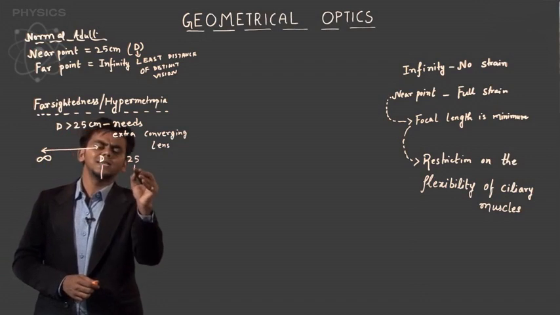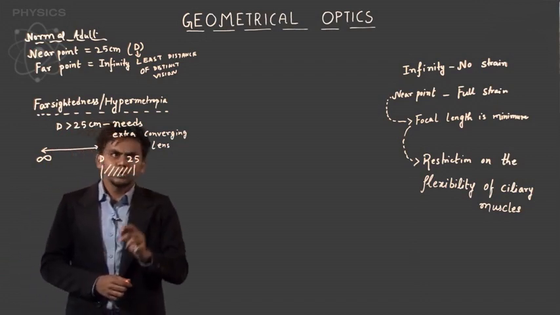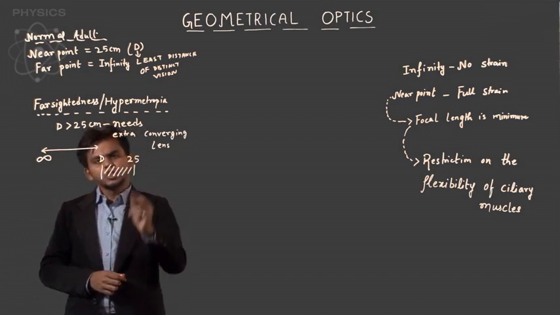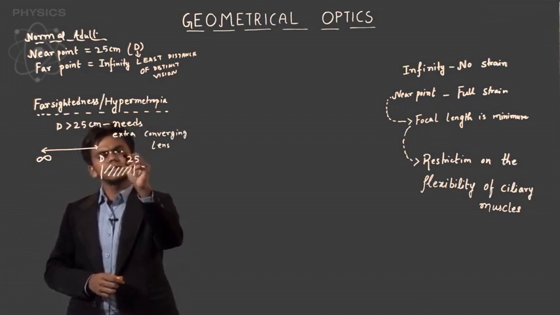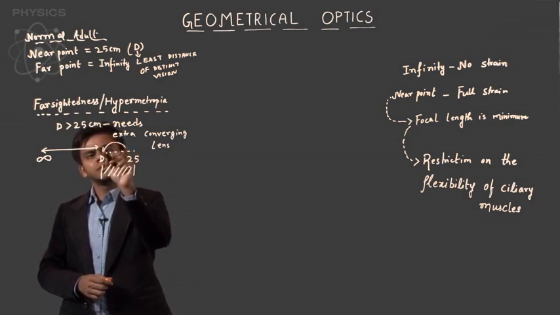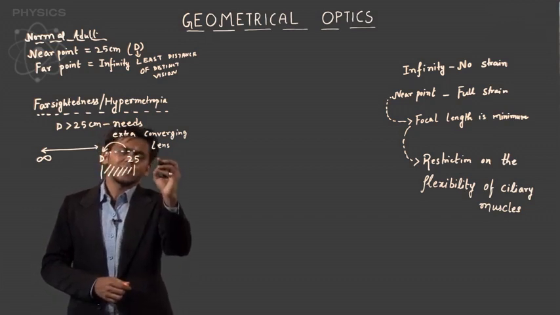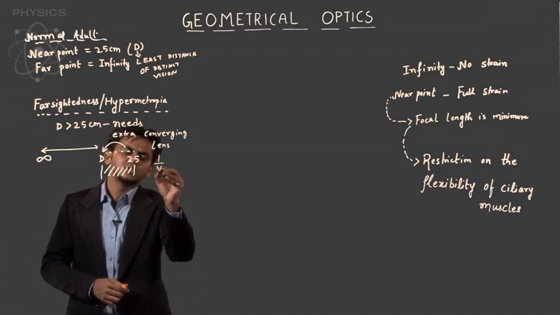So all these are invisible to me. So my converging lens would shift all these objects to here, right?